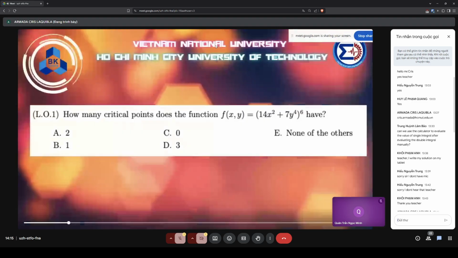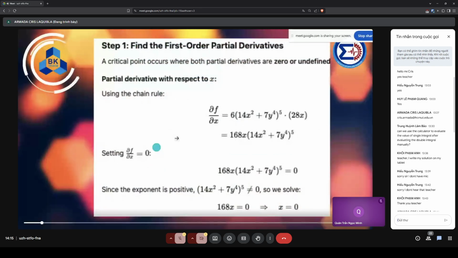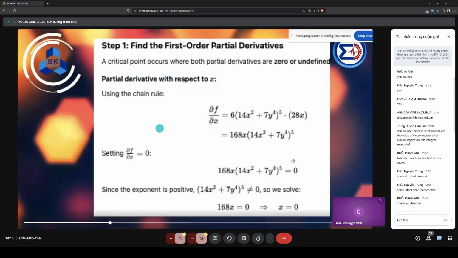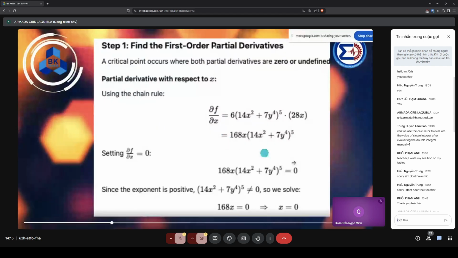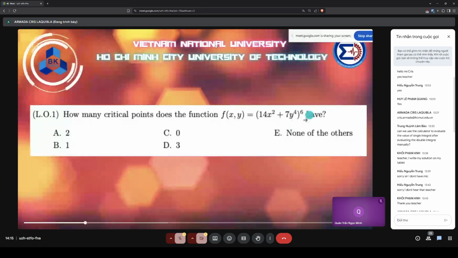Okay, let's answer now. How many critical points does the function have? First we get the f sub x using the chain rule. It is 6 here, so put 6 outside. Then this one to the power of 5, then multiply the derivative of what's inside.